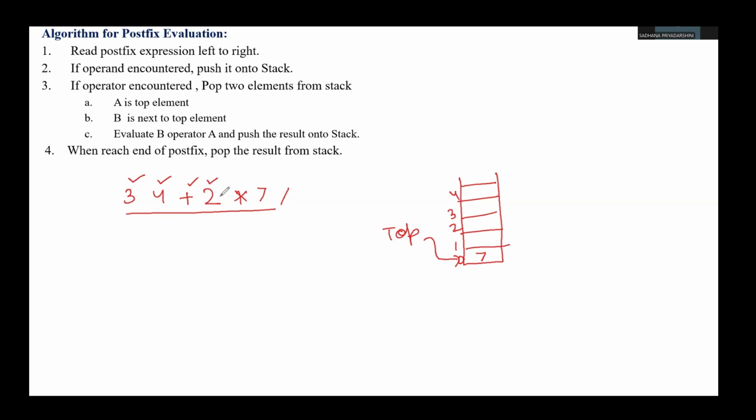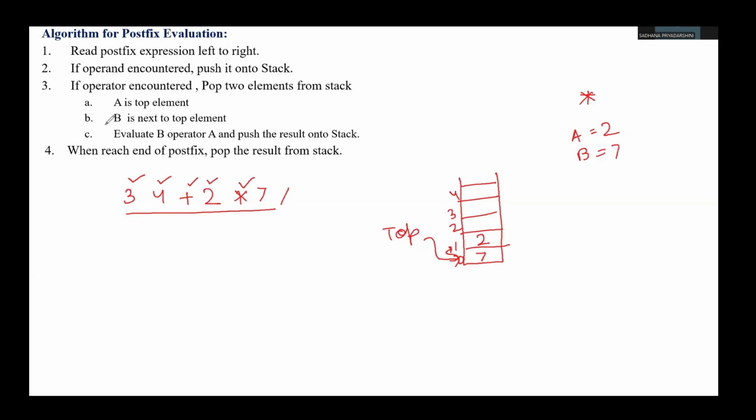Then the next one is 2. Whenever there is an operand, we push it onto the stack, so we push 2. Then an operator: whenever there is an operator, we pop two elements. So A is 2, B is 7.